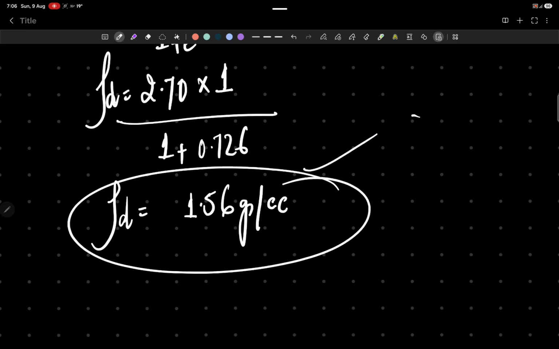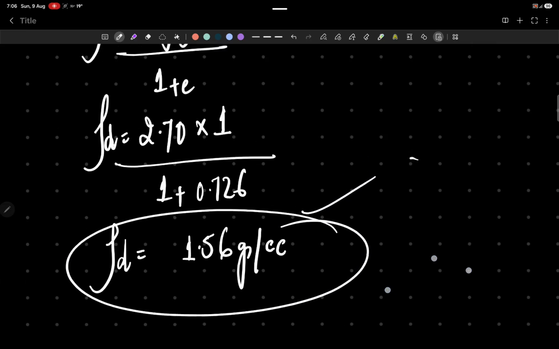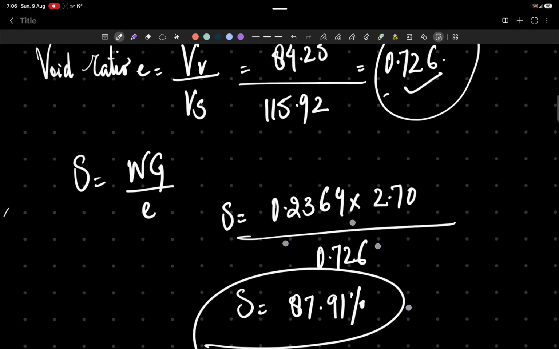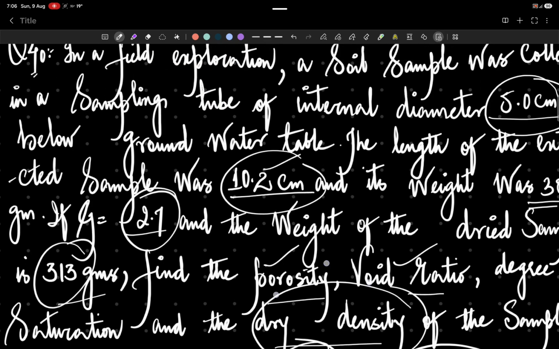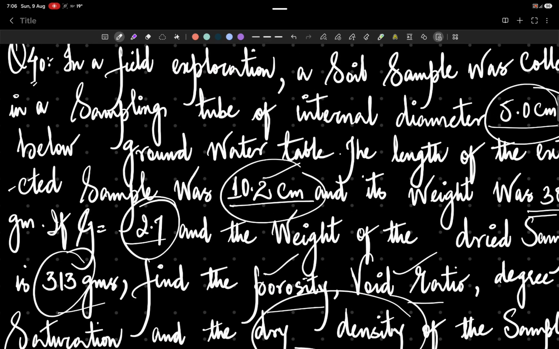All right. So we have calculated each and everything, and we have completed the question in all respects. This was the question based on the data as per the field exploration test, during which we extract a soil sample, we collect it using a sampling tube of certain dimensions.